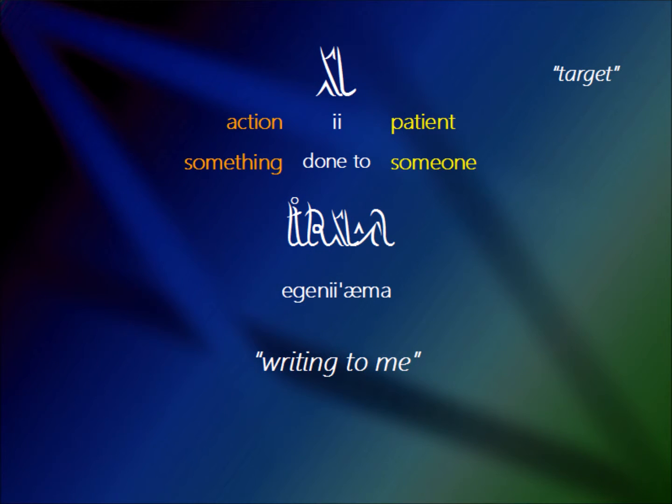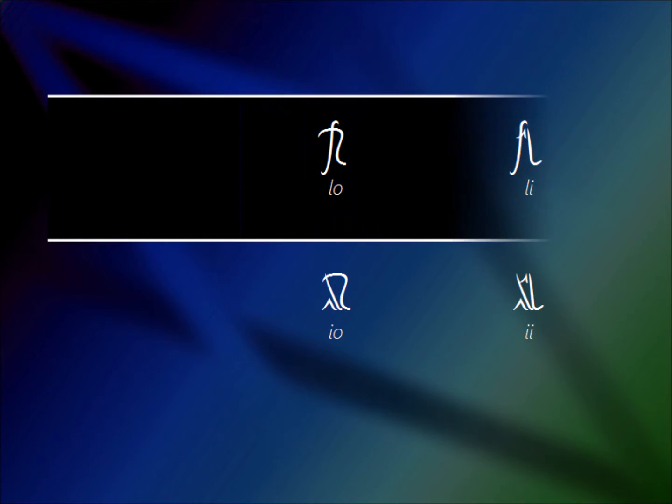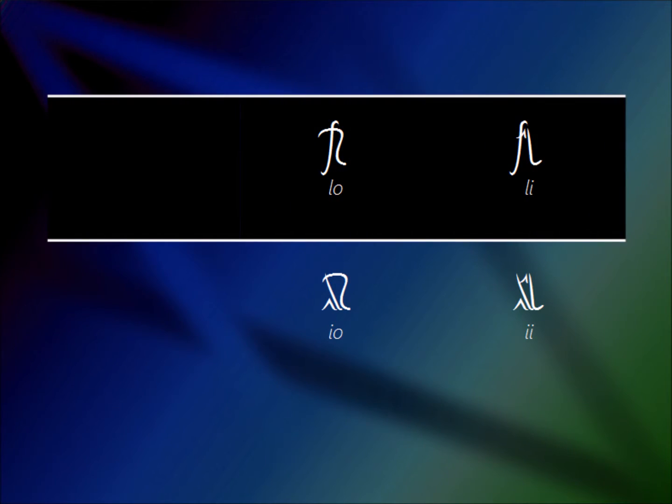These are the four connector particles for expressing a relation between the roles of topic, agent, and patient within the same noun: lo, li, io, and yi. If we look a bit closer, we can see that these four particles come in pairs with a common trait. For example, the top two connectors are lo and li.